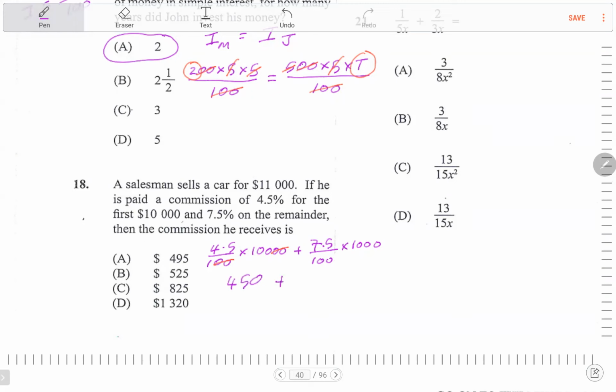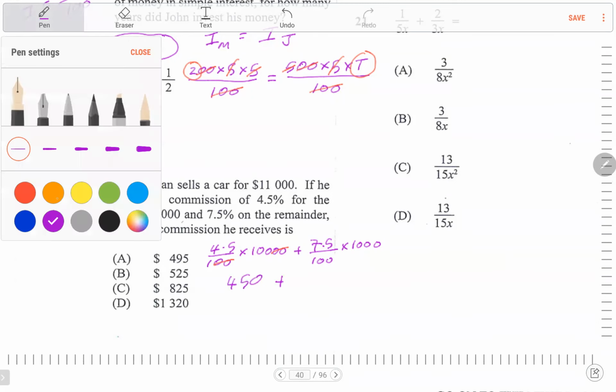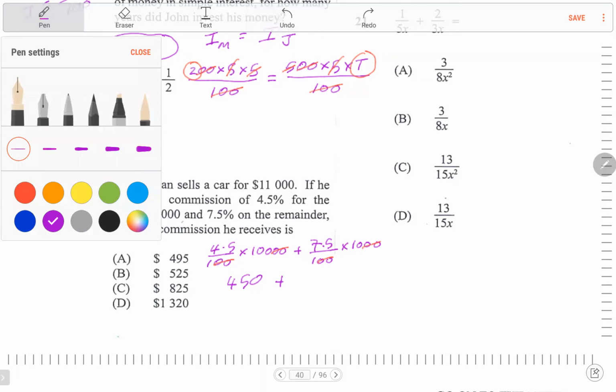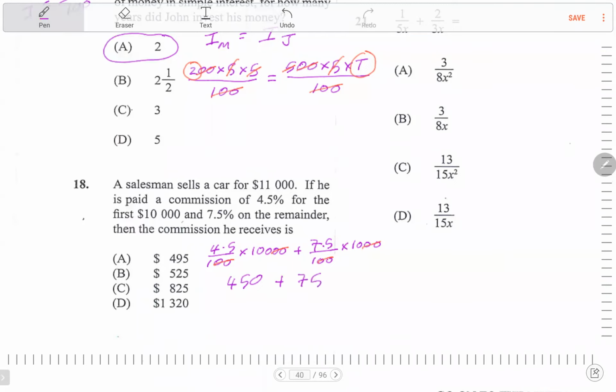Plus, this here again, same sort of thing. Cancel it down. These 2 zeros cancel 2 here, and then this 10, move the decimal place 1 place to the right. So now you're adding 75. So 450 plus 75 is clearly 525. We're working in dollars, so that's $525. All right, that's that.